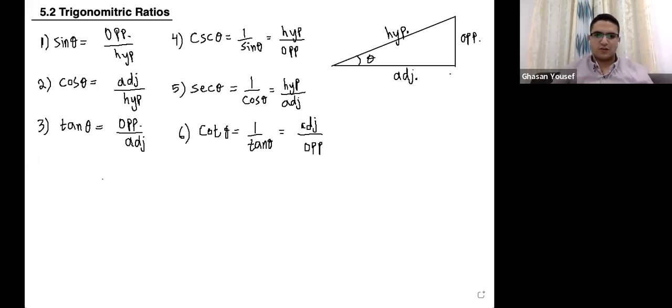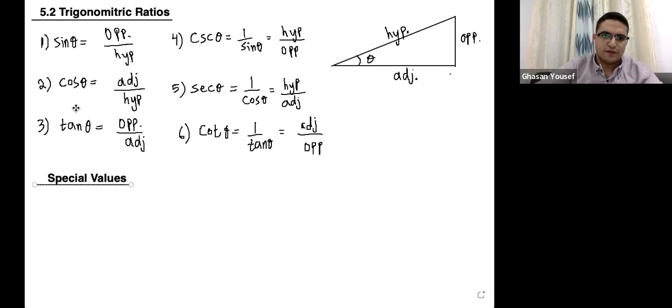Okay, so we should also know some special values for some angles. I'm going to share my screen for the table.